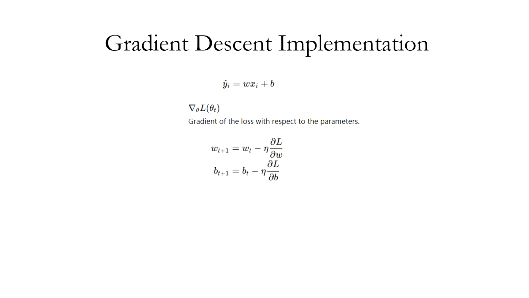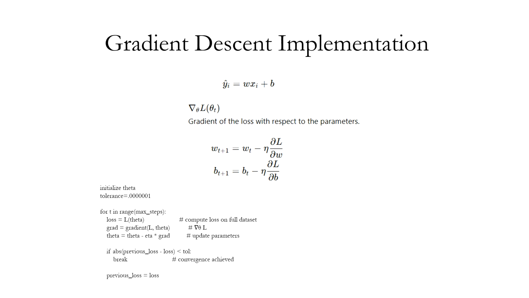So remember the gradient descent implementation. We've got y hat equals wx plus b, and the gradient of the loss with respect to the parameters. We've got the update equations that I just mentioned. This time we're making it more explicit with the w and the b instead of theta. And here's some pseudocode.